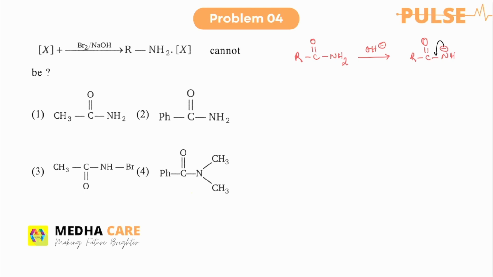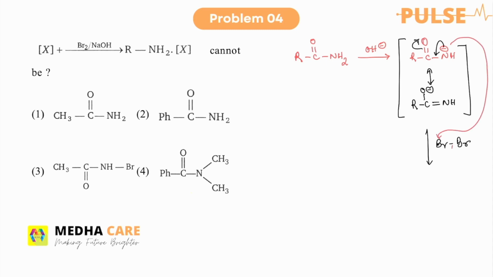Now this anion is resonance stabilized, and that one reacts with bromine. So if it reacts with bromine, this negative will attack and you get bromamide, C double bonded O, NH and Br, that is bromamide.